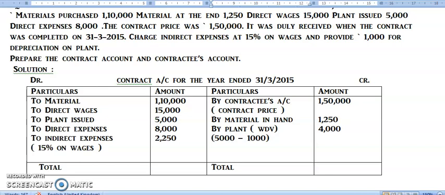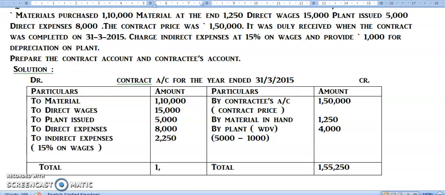1,50,000 plus 1,250 plus 4,000 gives you 1,55,250. Just write down the same value on the debit side also. We are assuming that we are getting profit.